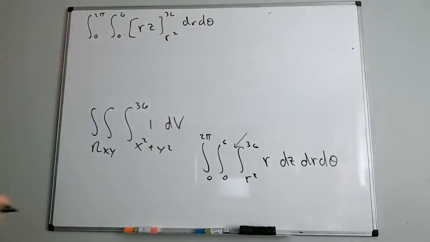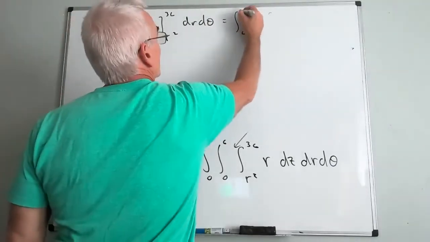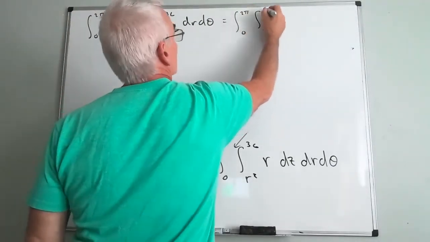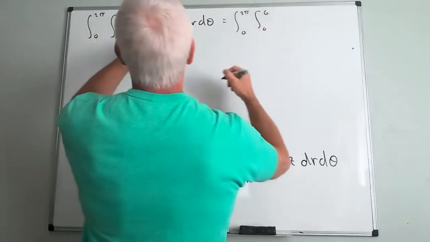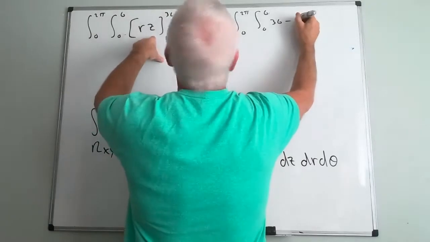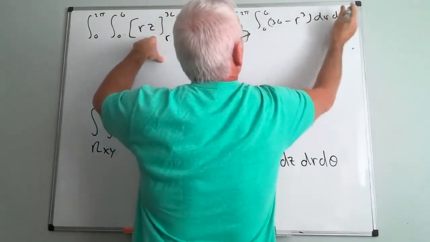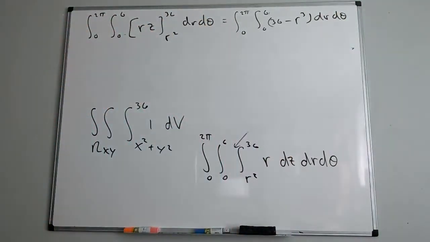So this would be the proper order of things. Now I'm integrating the z, so these go in for z. So I'd have 36r minus r cubed dr d theta. Now this becomes a fairly simple problem.